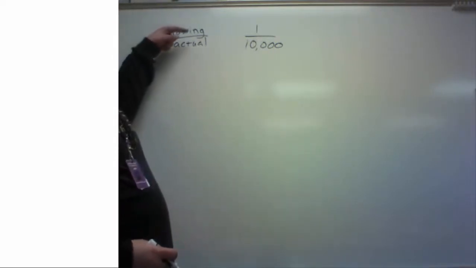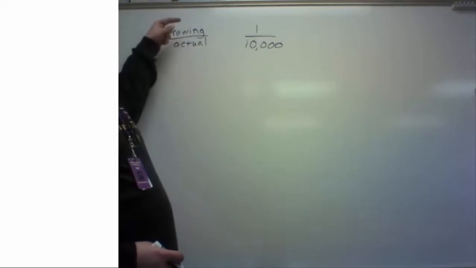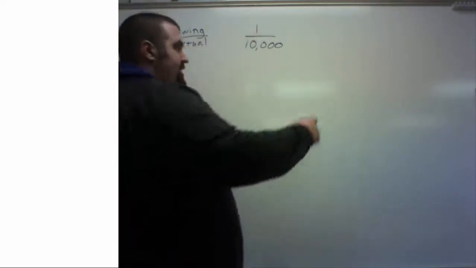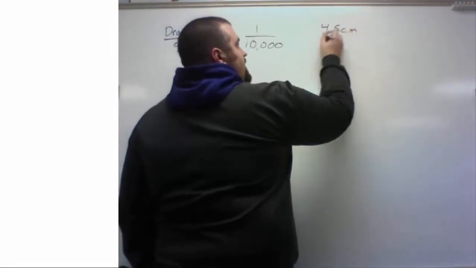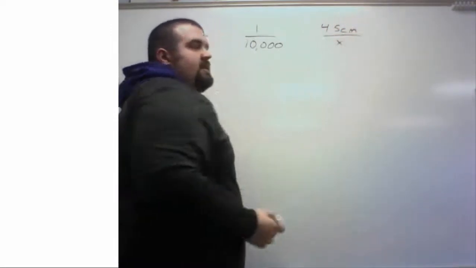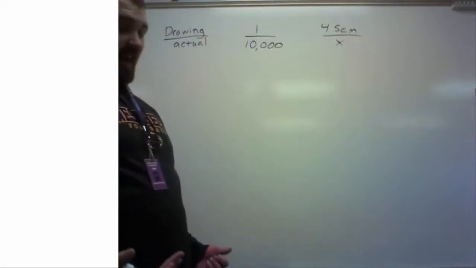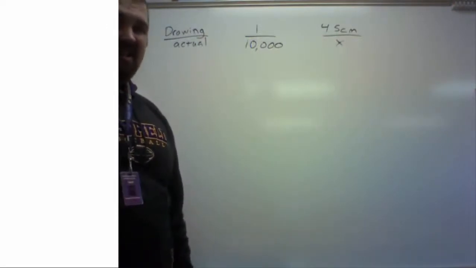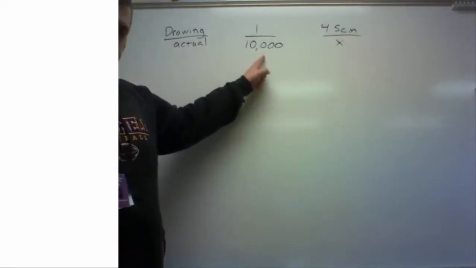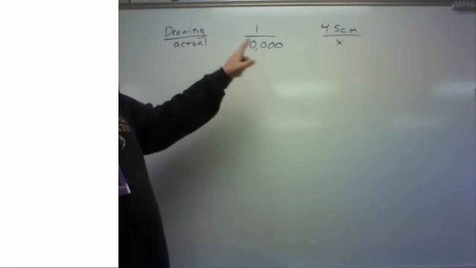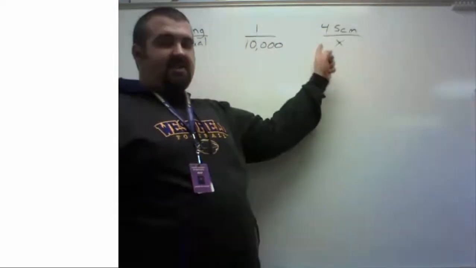So if I look at what I'm doing here, drawing to actual, drawing to actual. If I made another ratio here, I'm wondering what 4.5 centimeters translates to for the actual object. I don't know how long this actual object is, but if I'm looking for it, this ratio, the scale, has to be the same as what I actually physically see.